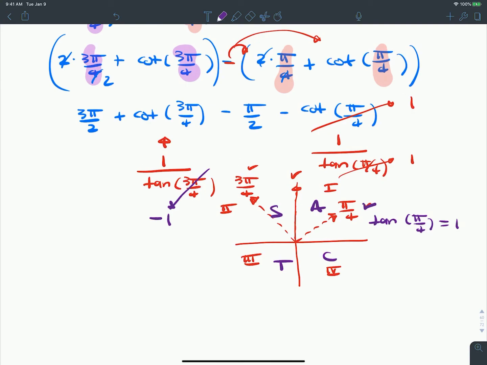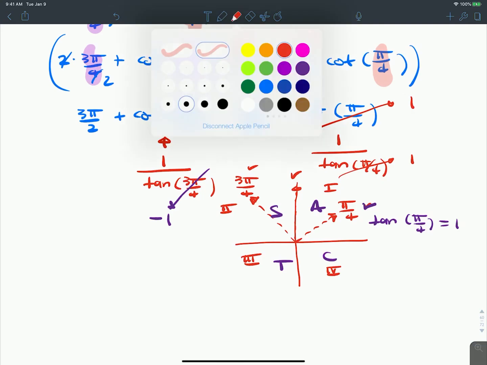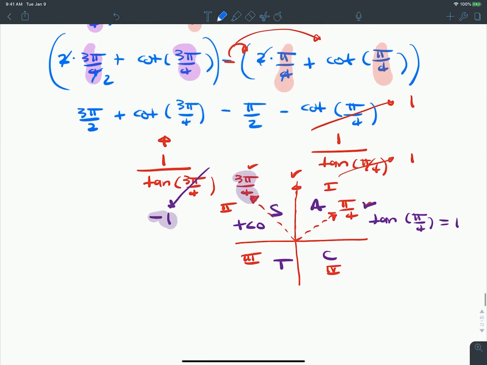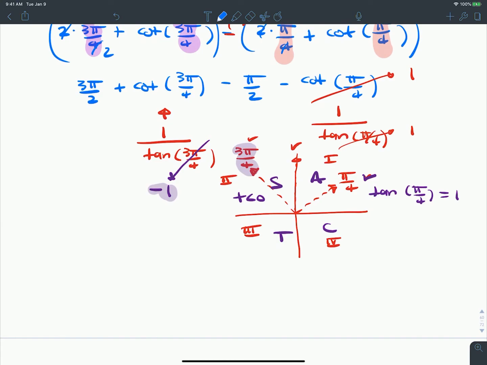But in quadrant 2, that now means that tangent of 3 pi over 4 is negative because all students take calculus, and that really implies that my tangent here is negative in quadrant 2. So what we have here as an answer will look like this. Let's put this together. We know 1 over negative 1 means this is negative 1.